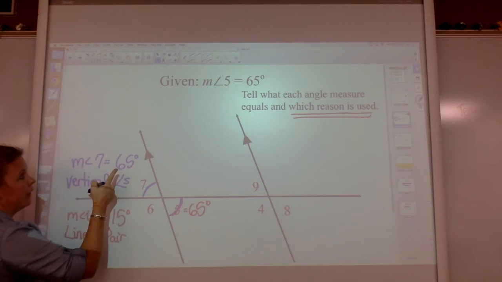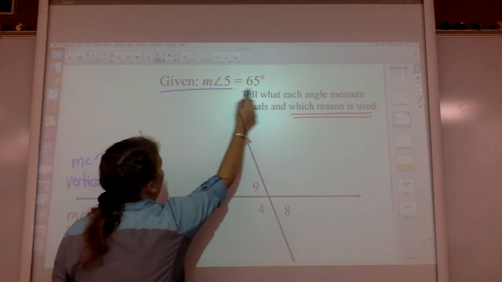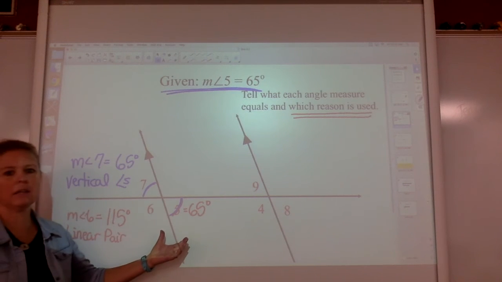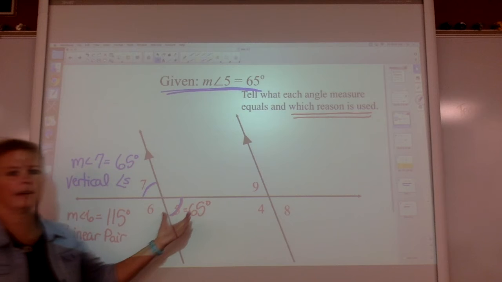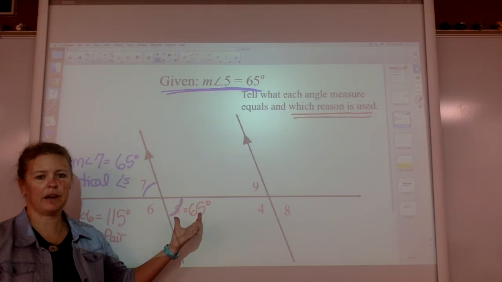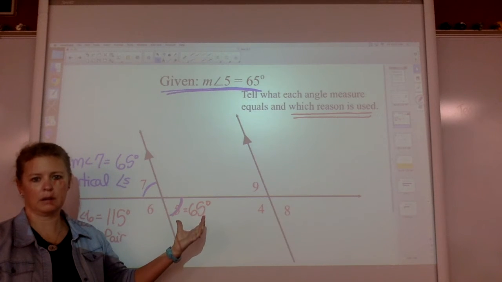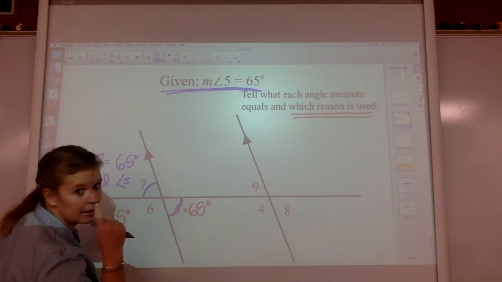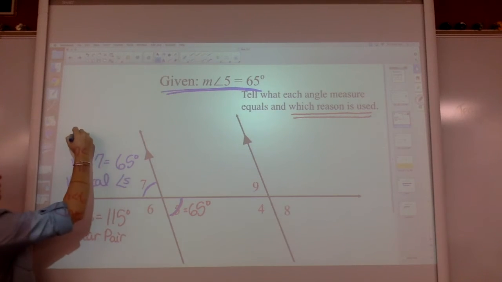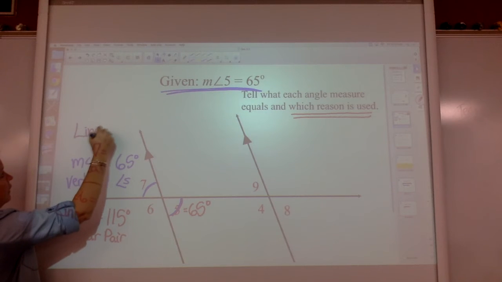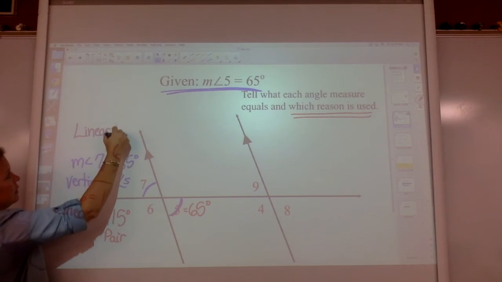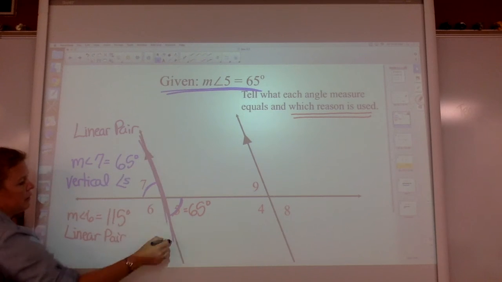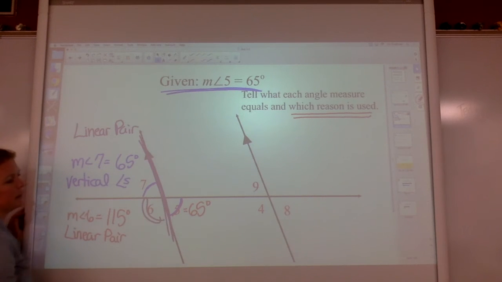Okay, here's what's happening. You have to compare angle 7 with the given angle. How does angle 7 compare with angle 5? Angle 7 is a vertical angle with angle 5. You are not, see this, not allowed to say that angle 7 is 65 degrees because it's a linear pair, because you're looking here and you're seeing that it's a linear pair with angle 6.